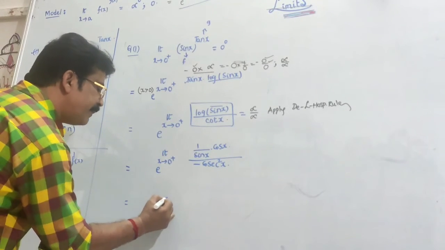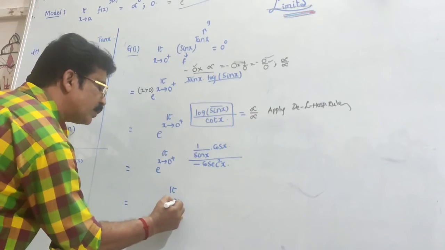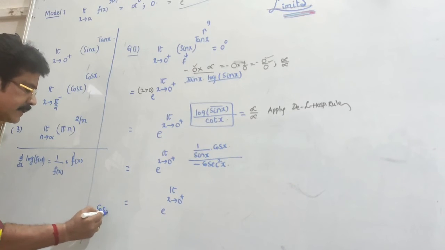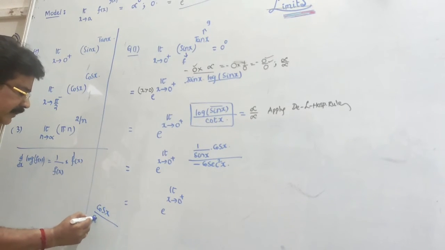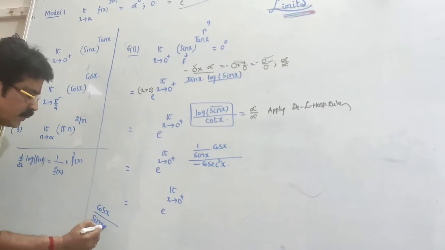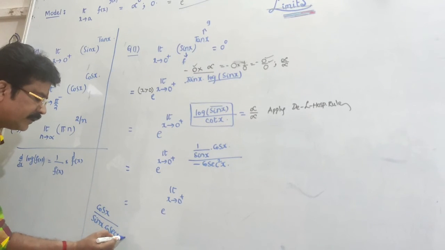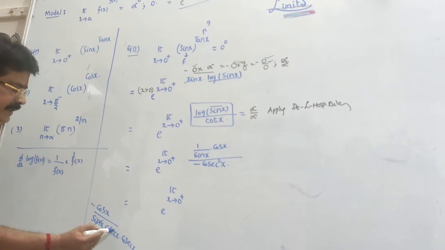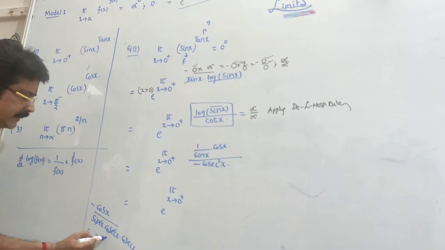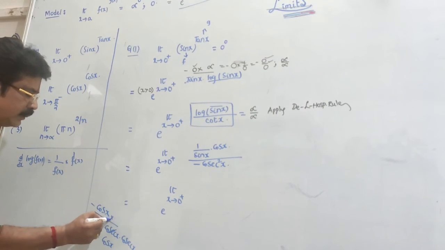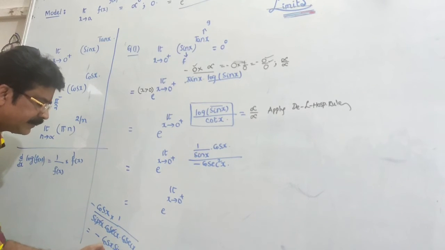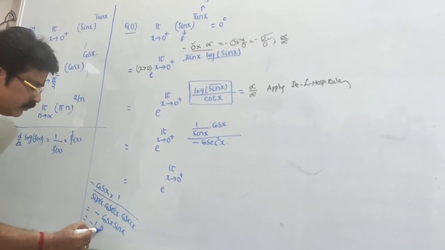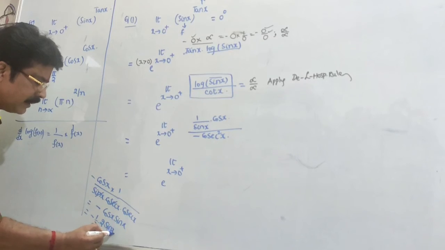So that is equal to e power limit x tends to 0 plus, cos x divided by sin x into cosecant square x, means cosecant x into cosecant x. Okay, minus same. So sin theta into cosecant theta is equal to 1. So this is minus cos x into, 1 by cosecant means sin x. So that is equal to minus, it can be written as divided by 2 into 2, sin x cos x.